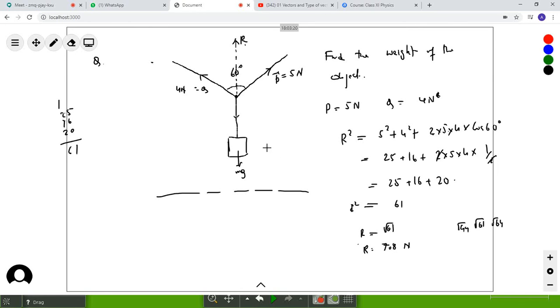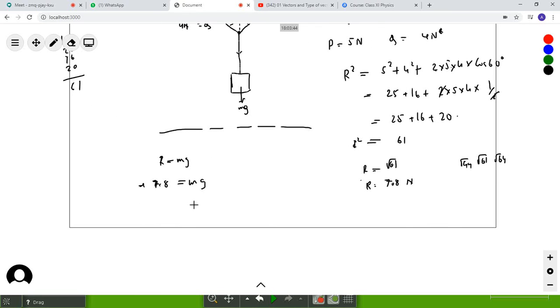7.8 Newton. So that means if this weight is not hanging, R must be equal to mg. So what is the weight of the object? 7.8 Newton. So what is the mass then? We can write 7.8 equals mass into g. Now what is g? Let's say g is equal to 10.